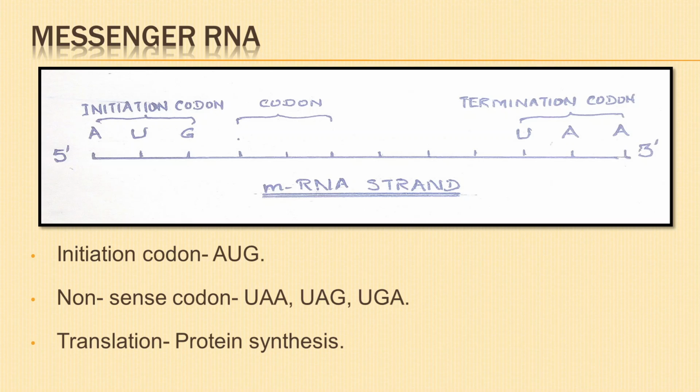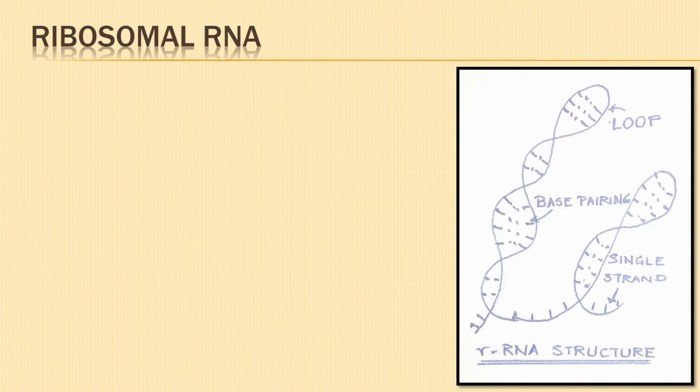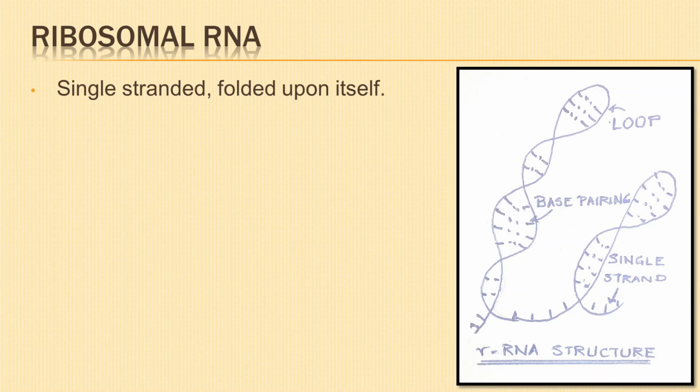Translation is the process in which the sequence of codons on the messenger RNA strand is decoded. Accordingly, the amino acids join to form a polypeptide chain resulting into a protein formation. Next, we will learn about ribosomal RNA. Ribosomal RNA is a single-stranded structure folded upon itself.